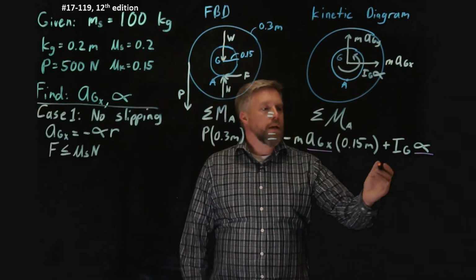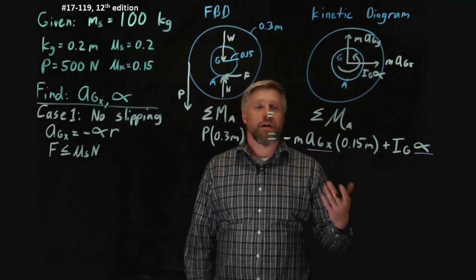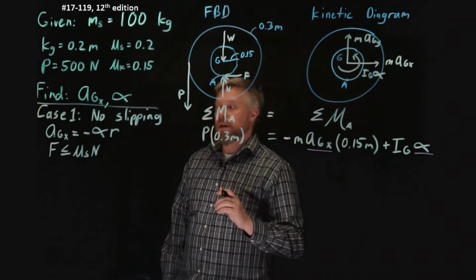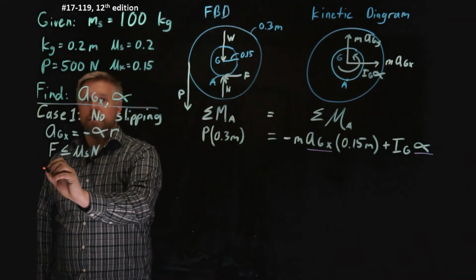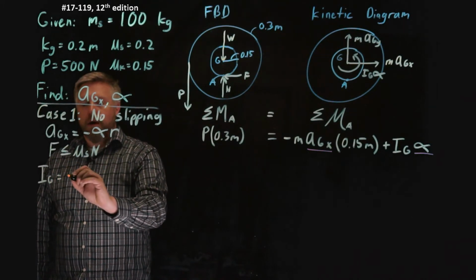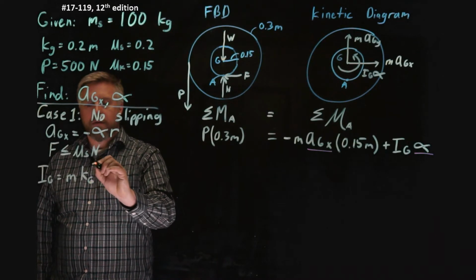Okay, let's go ahead and calculate IG. And for this, we have to remember the definition of radius of gyration. The definition of radius of gyration is that there's a direct connection between moment of inertia and radius of gyration. The moment of inertia about any point is going to be equal to mass of that object times the radius of gyration about the same point squared.